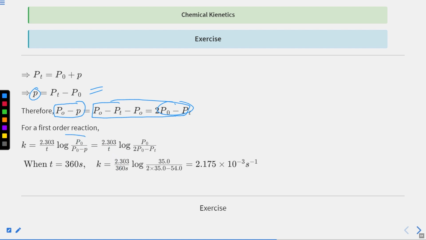Now for a first order reaction, we know this thing, initial by final, so P naught by 2 P naught minus Pt. Now P total is given, initial pressure we know, so hence we can calculate the value of K from here.